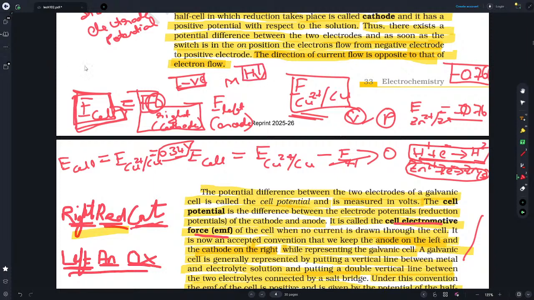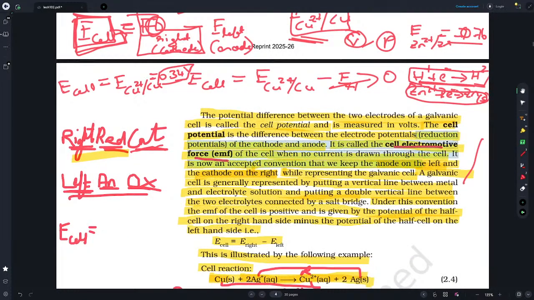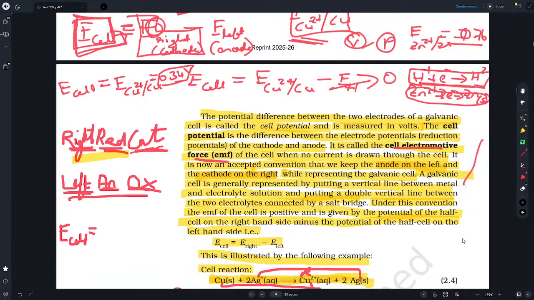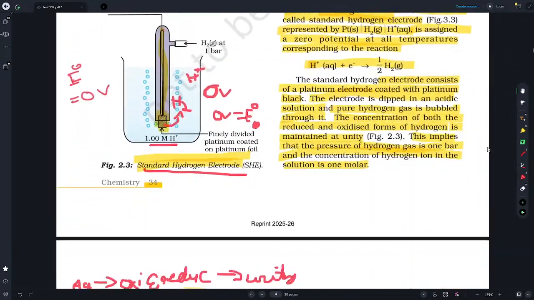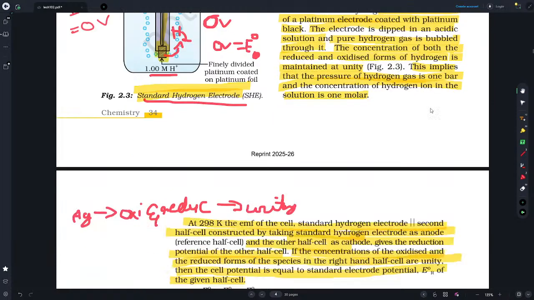But in the case of positive, it means that the reduction tendency of the metal is higher than hydrogen. This is the reaction of the standard electrode potential.